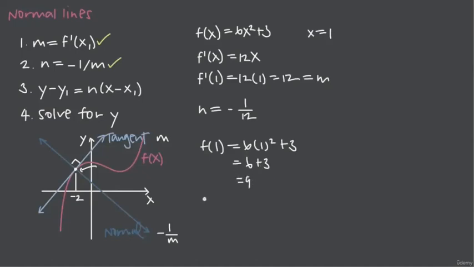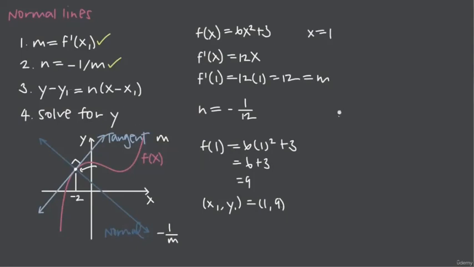So now we can say that we have the coordinate point x sub 1, y sub 1 equal to (1, 9). This is the point along the curve that the normal line will be passing through. So now that we have that value, we can plug everything into this formula for the equation of the normal line. So we get y minus y1.